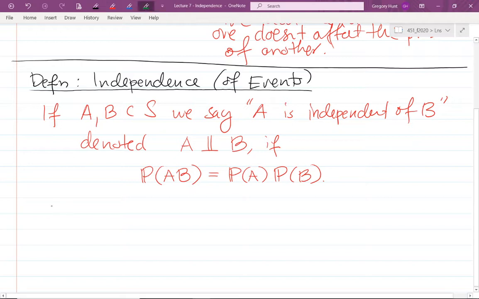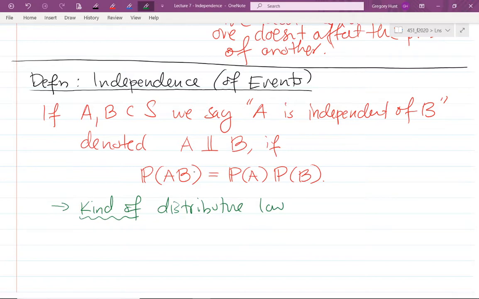That's informal, but it basically says I can distribute my probability over intersections if the events are independent.